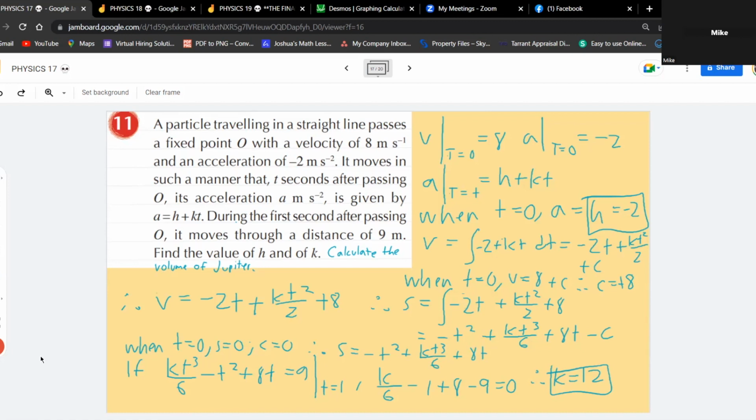V is equal to -2x plus kx, -2x plus kt squared over 2, kx squared over 2, and slider, plus ano yan? Plus 8.